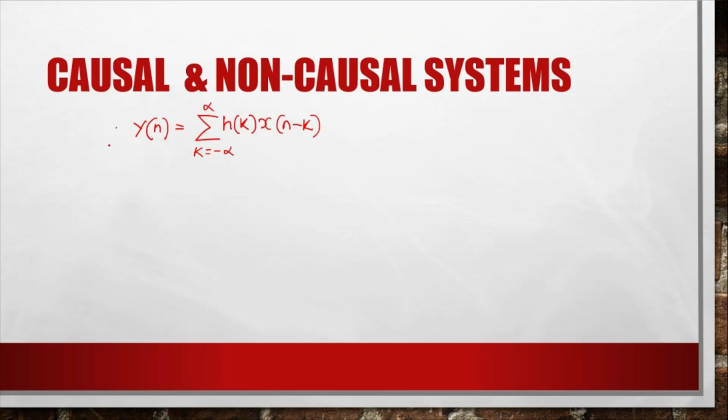Now if I expand this into two factors, one for negative values of k and another for positive values of k, I can write it as k ranging from minus infinity to minus 1, plus k ranging from 0 to infinity.